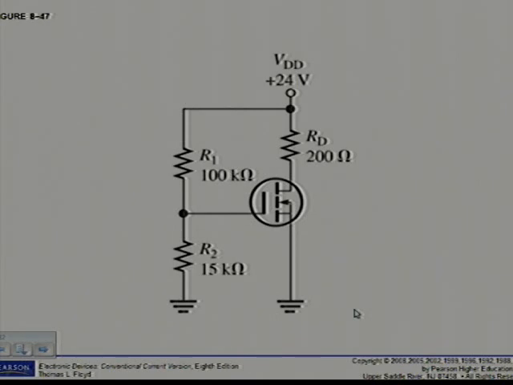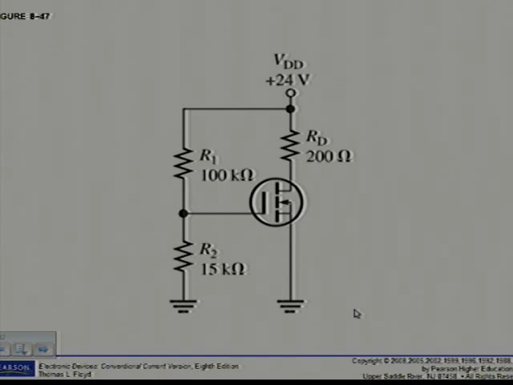Now calculate ID, same as we've done in the previous example. ID is equal to the normal formula, K brackets VGS minus VGS threshold squared, and I get an answer of 63.8 milliamps. And then finally, calculate VDS using Kirchhoff's law, which is VDD minus ID times RD. Just calculated ID, and I get a value of 11.2.